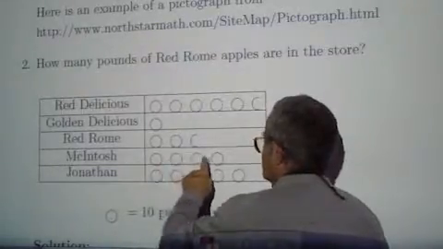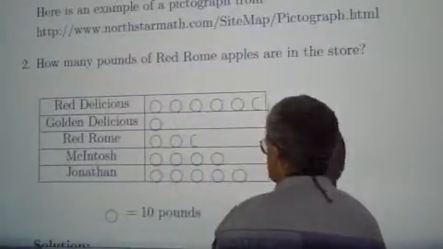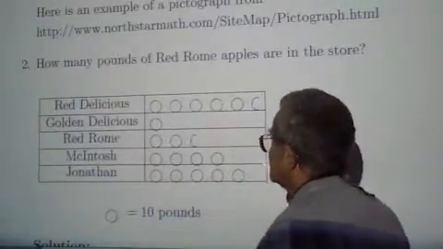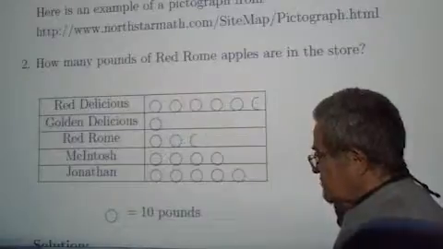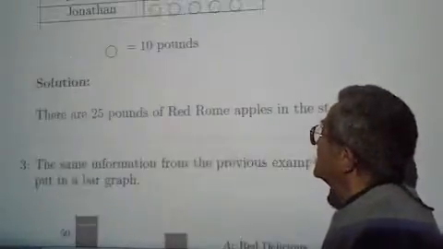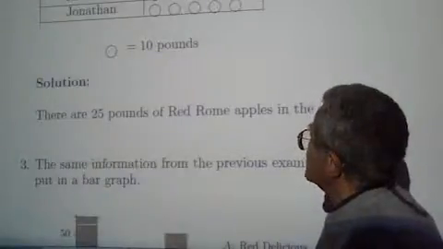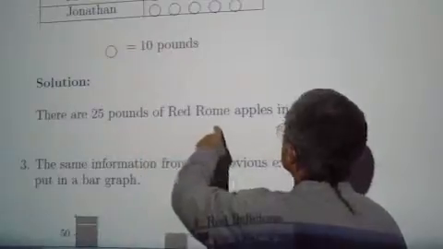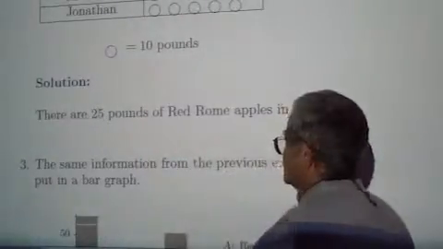Macintosh, 10, 20, 30, 40 pounds. And Jonathan, 10, 20, 30, 40, 50 pounds. I'm giving you the numbers below. And you can also represent those numbers, so there are 25 pounds of red apples in the store.